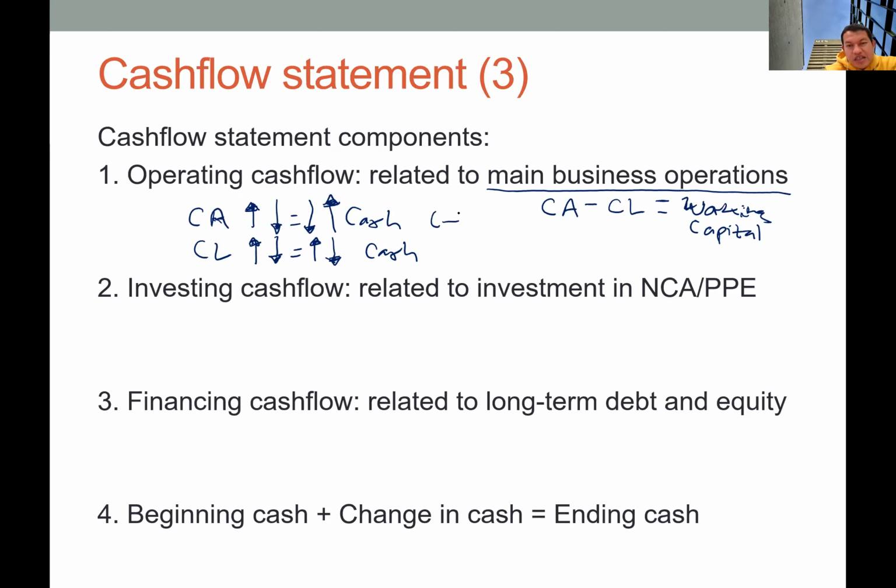So it's basically a negative relationship with the current assets and a positive relationship with the current liabilities. We will observe this kind of relationship in the operating cash flow, especially if we use the indirect method.